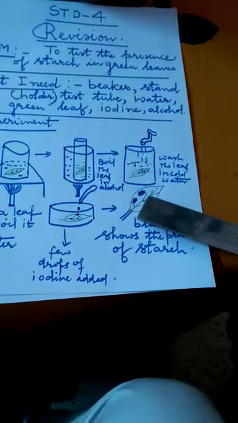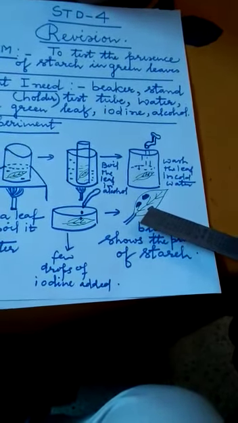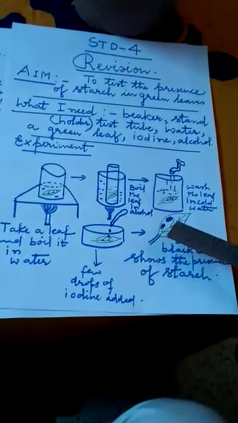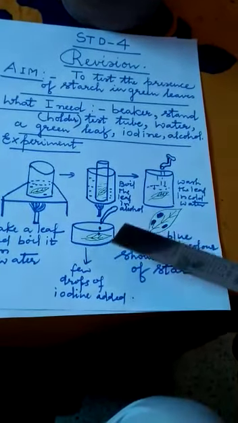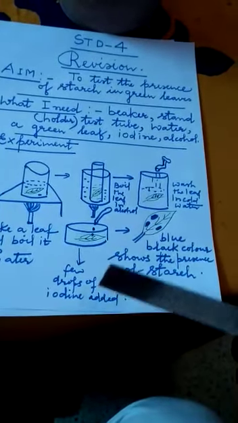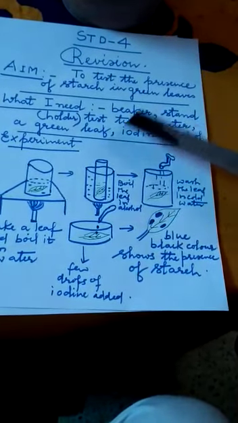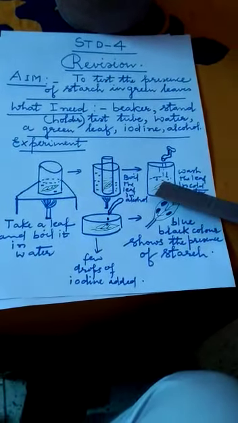So what do these blue-black patches show? This shows the presence of starch, because all of us know that starch becomes blue-black when treated with iodine drops. So we can conclude that there was presence of starch in the leaf.